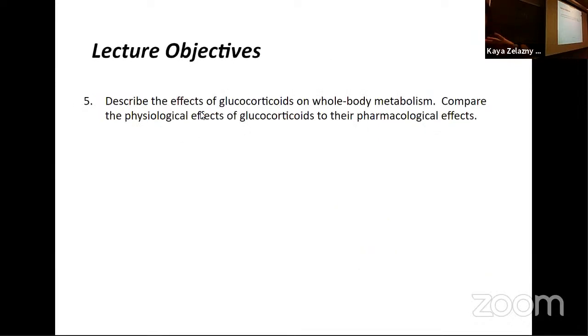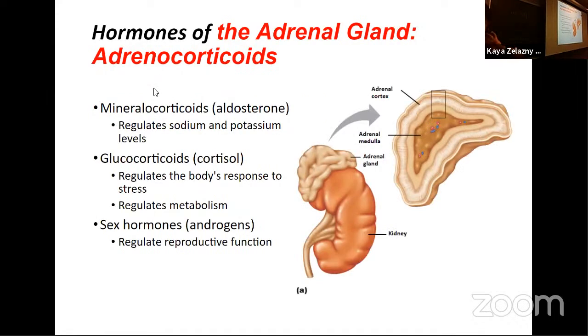Okay. So next we're going to be talking about glucocorticoids, and we're going to be talking about more basically metabolism regulation as we talk about cortisol and start to tie some of these things together. Okay. So we're centering ourselves here on the adrenal glands first.